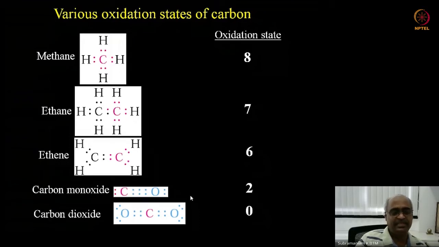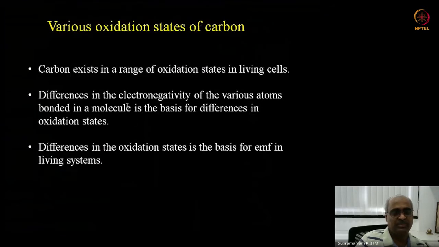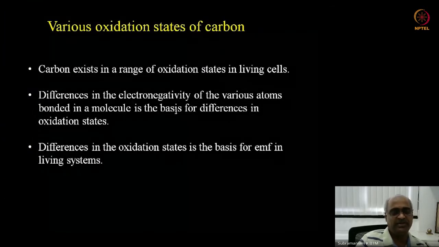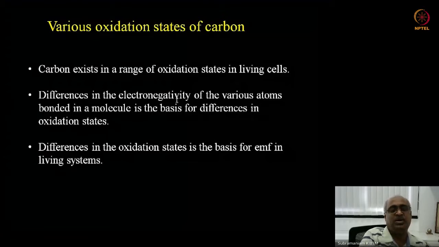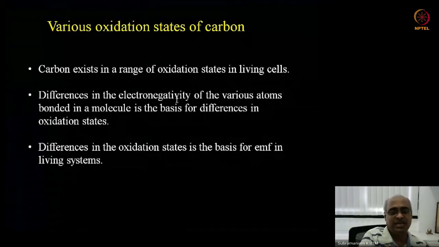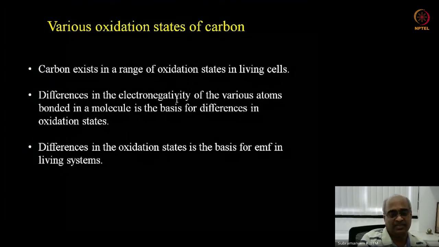And the relative affinity primarily therefore comes from, now we will understand this bullet better, differences in the electronegativity of various atoms bonded in a molecule is the basis for the differences in the oxidation state of that given molecule. Okay, so oxidation state of methane versus oxidation state of carbon dioxide. So methane can give up electrons.